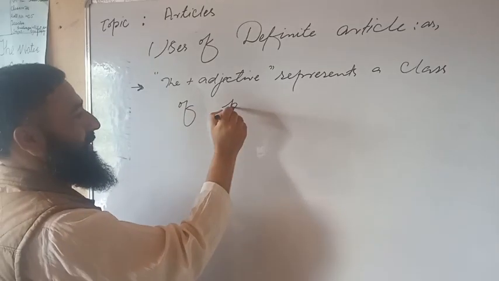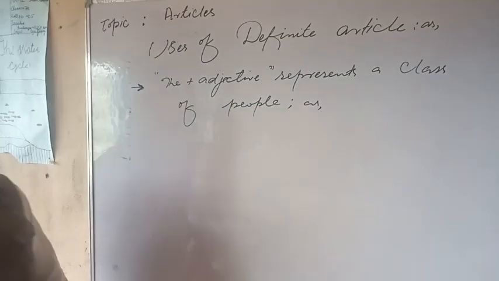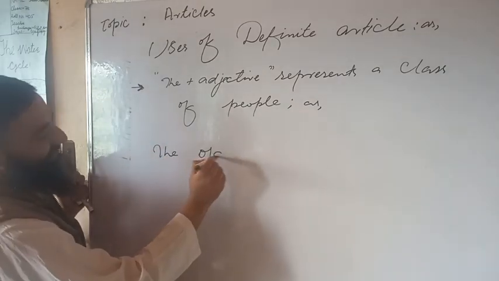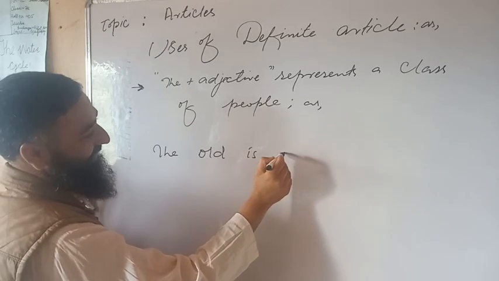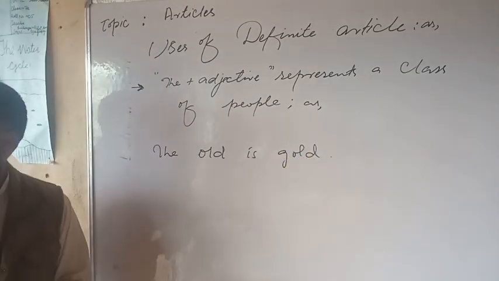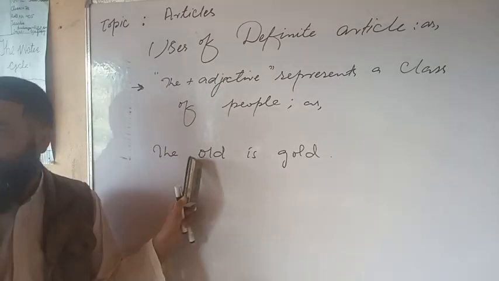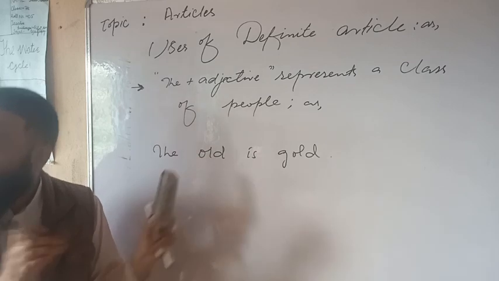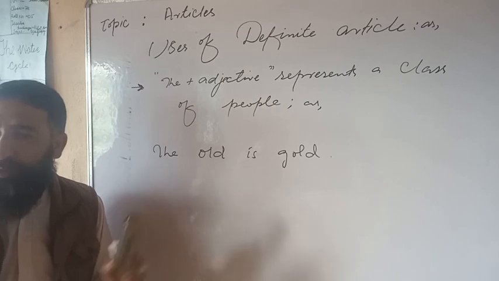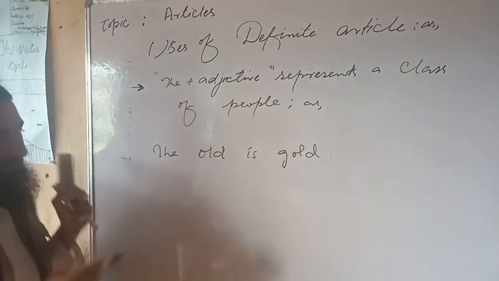For example, "The old is gold." The old means, when you write "the" plus adjective, all the old people in general. When you say the old, meaning all the old people, they are like gold. They are very precious. Is it clear?